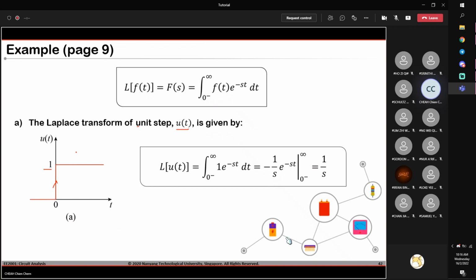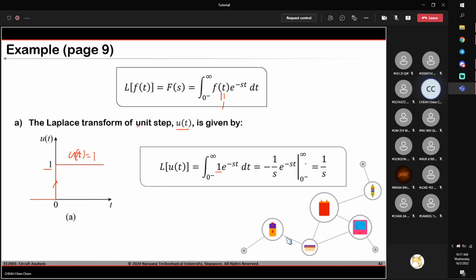Actually, u(t) in Laplace just means that it's equal to 1, because Laplace starts from 0, so after 0 it is always equal to 1. Therefore, this is equal to 1 for the unit step function. So you put 1 here, and then you integrate it. If you integrate e to the power of negative st, it's 1 over s, negative e to the power of negative st.